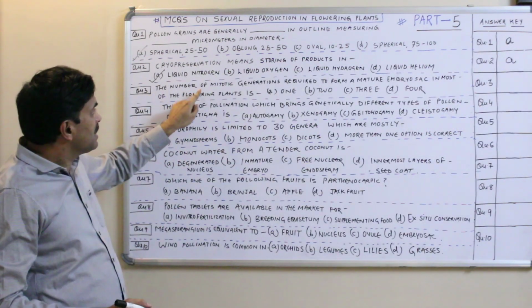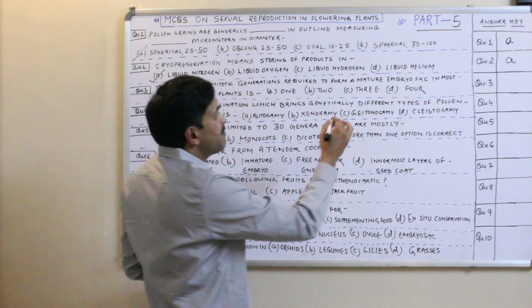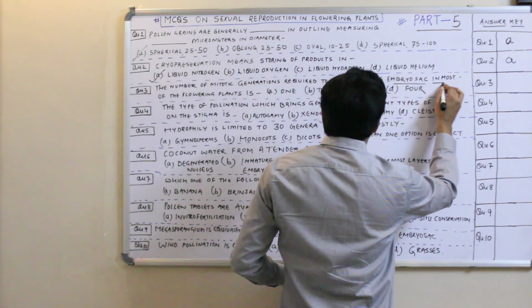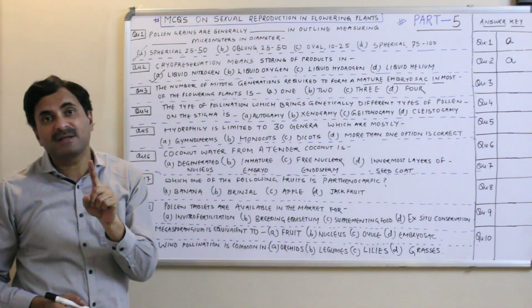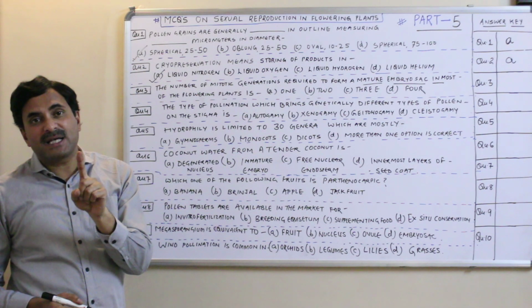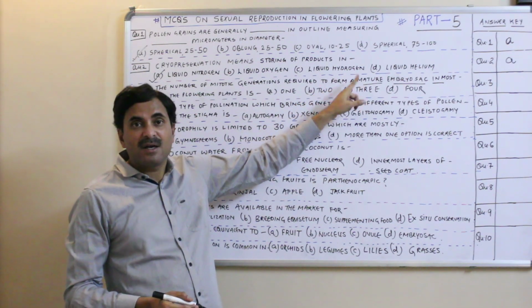Question number 3. The number of mitotic generations required to form a mature embryo sac in most of the flowering plants is 1, 2, 3 or 4. Remember one thing, that the functional megaspore forms the embryo sac.